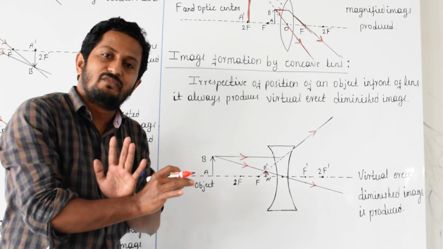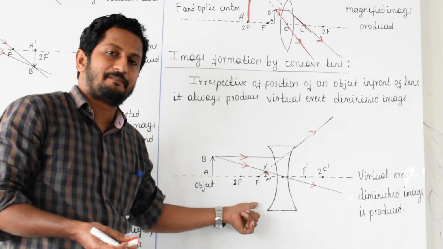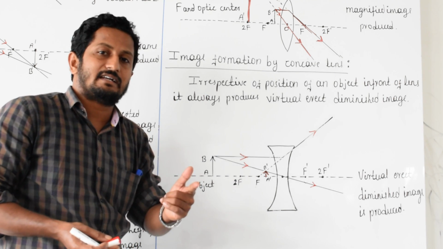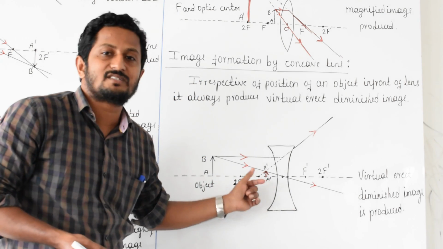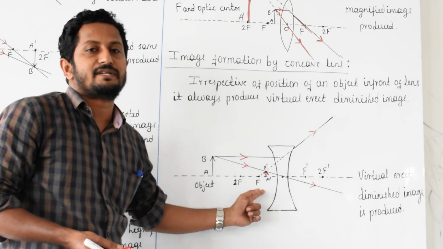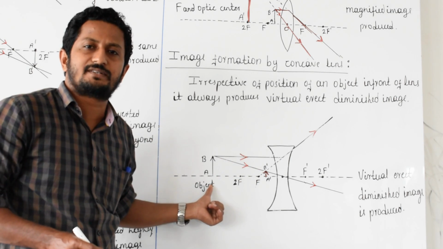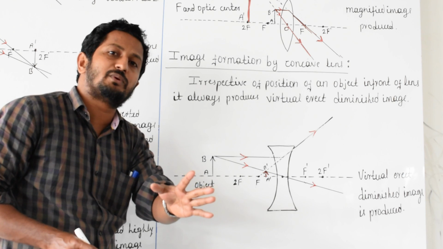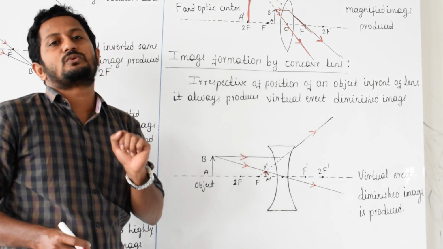There is no physical presence. Only we feel it is there. That's why it is a virtual, erect and diminished image. The size of the image is small compared to the size of the object, so it is diminished. Irrespective of the position of the object, that concave lens is always going to produce a virtual, erect, diminished image only.